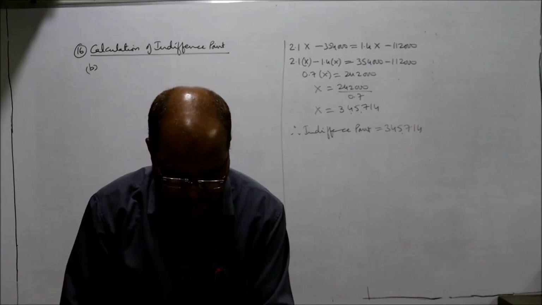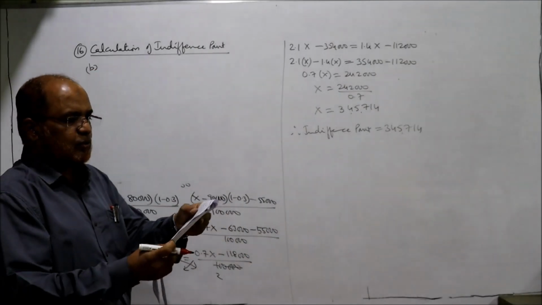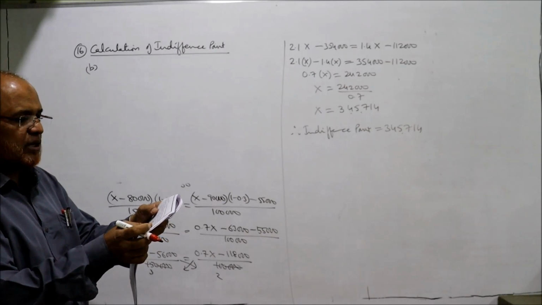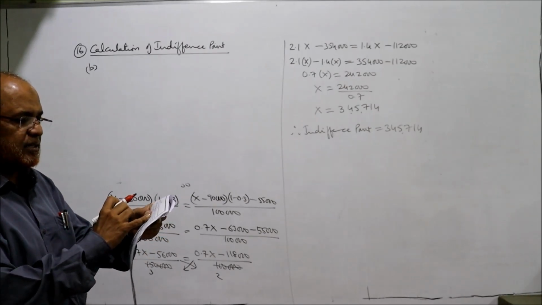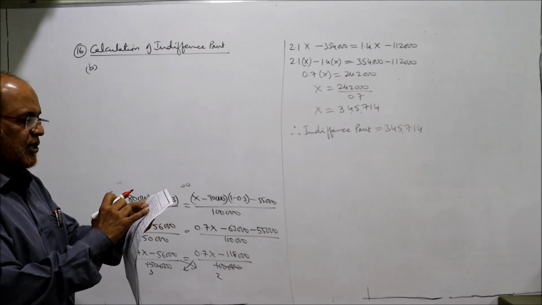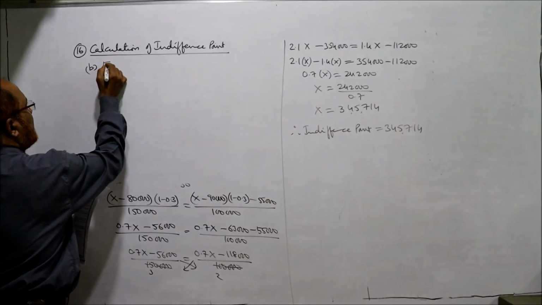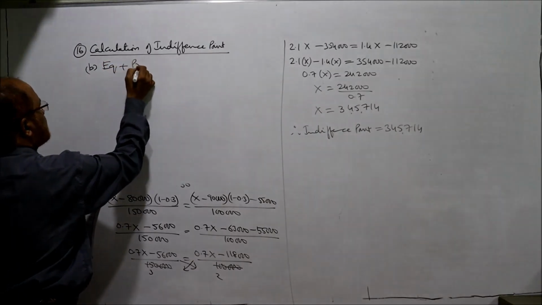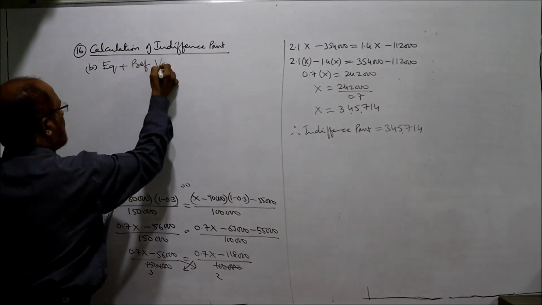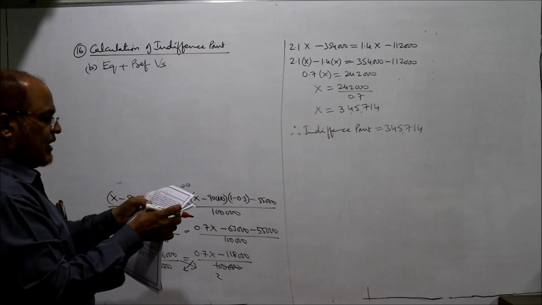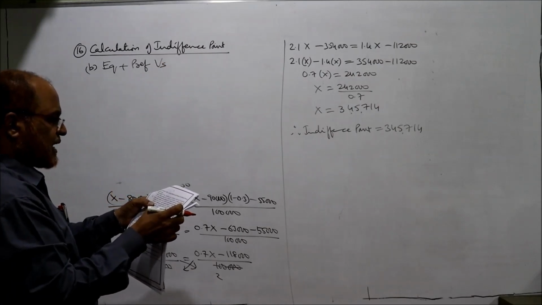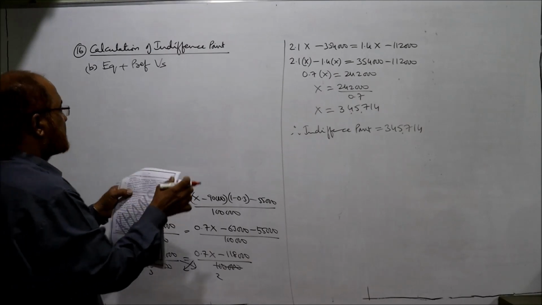See the problem again. Equity share capital of 20 lakh and preference share capital of 5 lakh at 10.5% rate of preference dividend. So first plan we have equity plus preference versus second plan equity capital 10 lakh, preference capital 5 lakh and 10 lakh rupees debt.